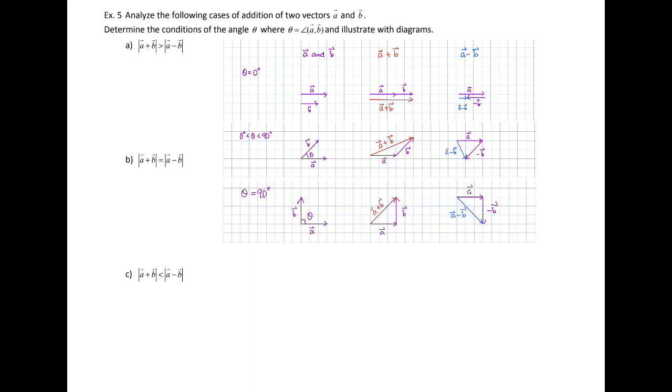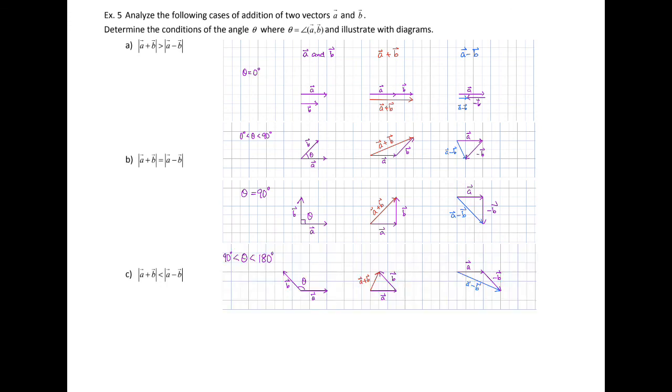Case 3. When the angle is actually 90 degrees between vector A and B, then you will see when you do vector A plus B and when you do vector A minus B, the resultant will have the same magnitude. Case 4. When the angle between the vectors is an obtuse angle, that means your diagram will be very similar to this.